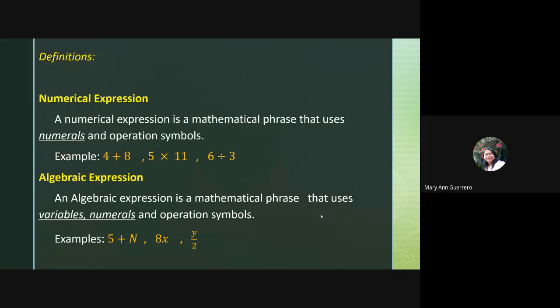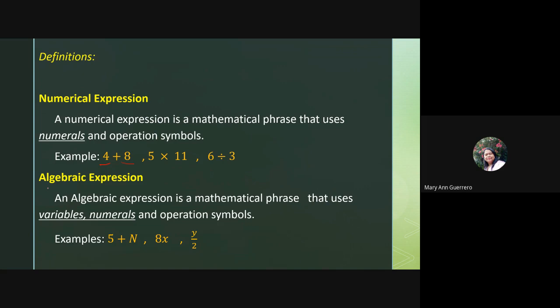Now let us have definition of terms. We have numerical expression and algebraic expression. Numerical expression is a mathematical phrase that uses numerals and operation symbols. So all numerals lang siya.